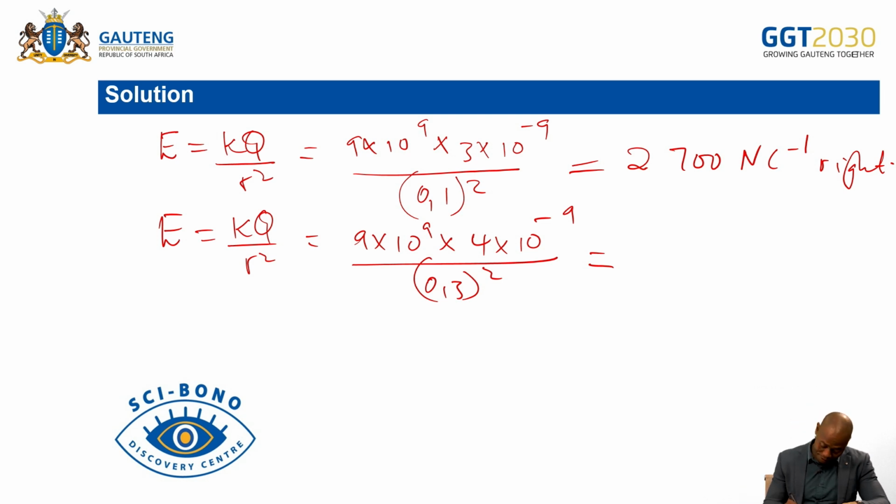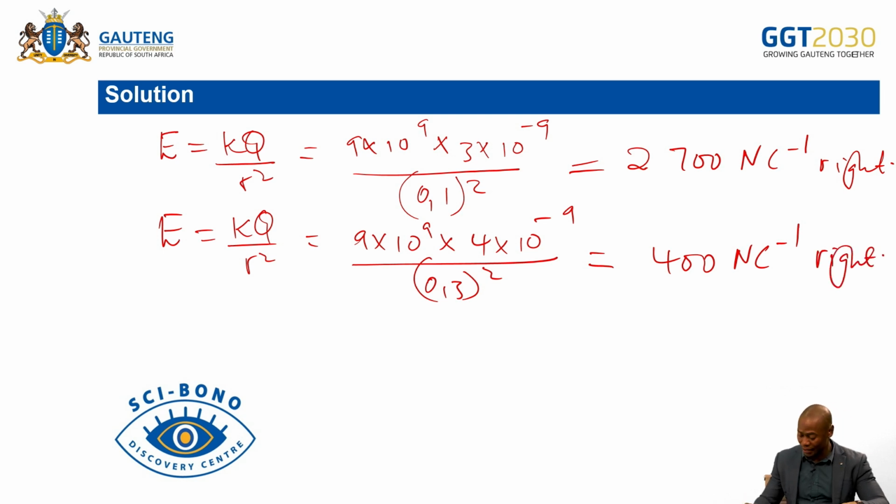So I'm having 400 here, newtons per coulomb, again also to the right. Then we confirm the first one. I'm having 9 times 10 to the power 9, multiplied by 3 times 10 to the power negative 9. Yes, so it's correct. Right. So this is what I have.